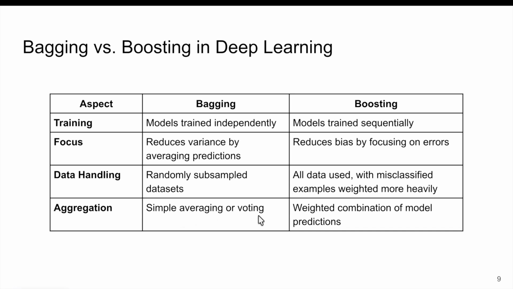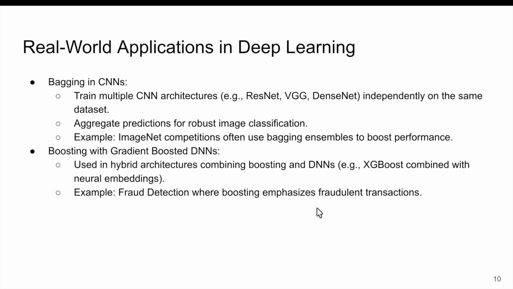Aggregation is simple average or voting for bagging, and a weighted combination of the models for boosting, but basically it's the final model which wins the race.